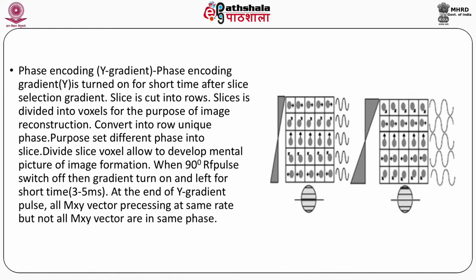This phase encoding gradient is applied perpendicular to the z-axis, after the 90-degree RF pulse, and is applied for a very short period of time. Before the next gradient is on, this slice is cut into rows.